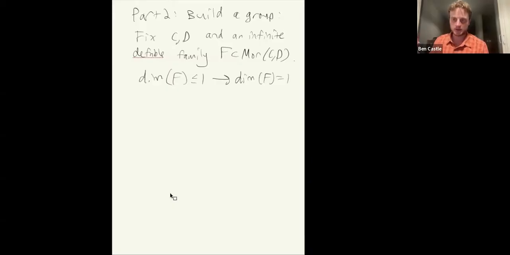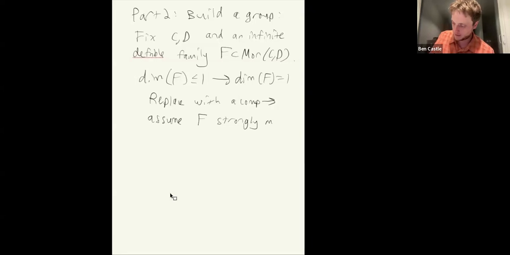And I'm not going to care about parameters that much anymore. Let's just take a stationary component of F and not worry about what it's defined over. So replace with a component, which means that we may assume F is strongly minimal. Okay, so I have now a strongly minimal definable collection of morphisms between 2 objects.